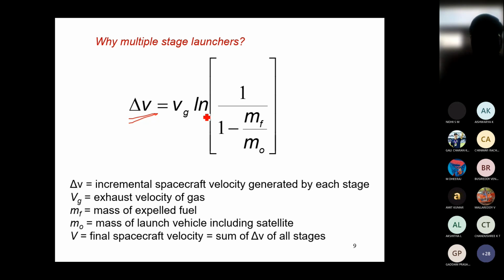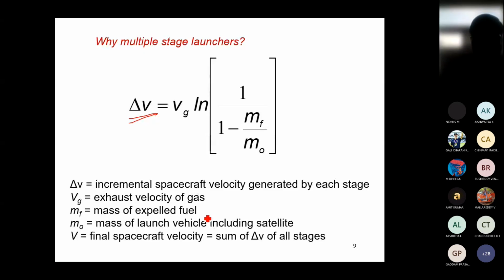Then natural logarithm of 1 divided by 1 minus mf by m0. What is mf here? It is the mass of expelled fuel. How much mass of liquid fuel is expelled from the satellite. So it is that mass.